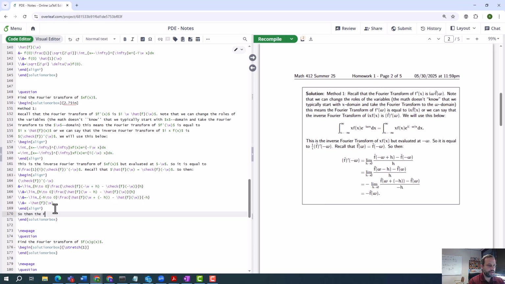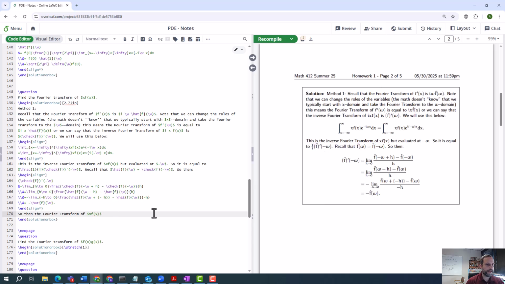So then, the Fourier transform of x f of x is given by this integral here, which is equal to this, which is going to be equal to this divided by i. Let me go over that one more time. This is the Fourier transform of x f of x. That is equal to this. By this change in perspective, just this part right here is equal to minus the derivative of f hat of omega.